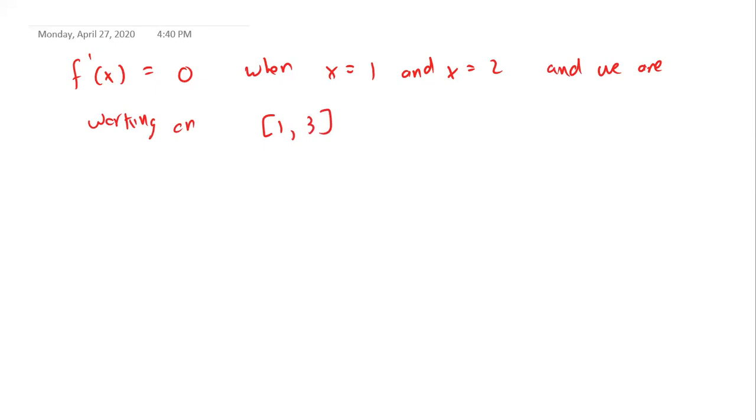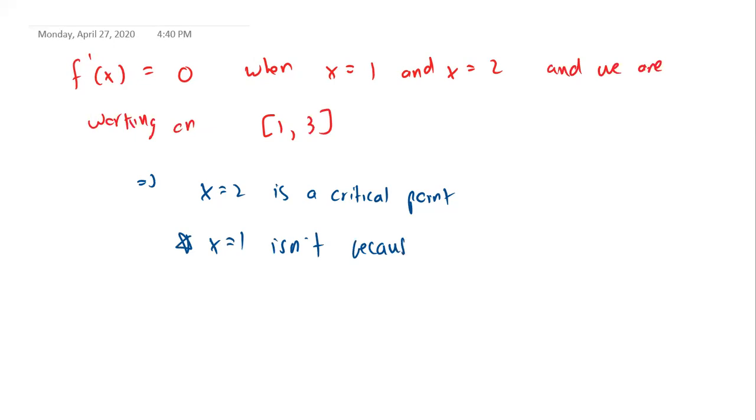So endpoints are not critical points. So this implies x equals 2 is a critical point. And to note here, x equals 1 isn't because it's an endpoint of the interval.